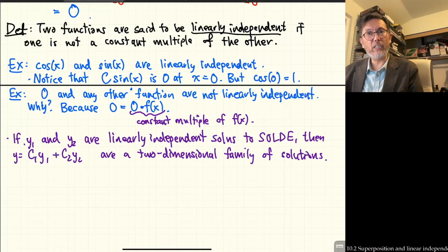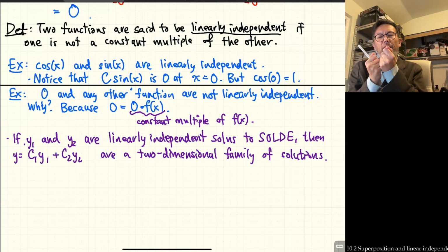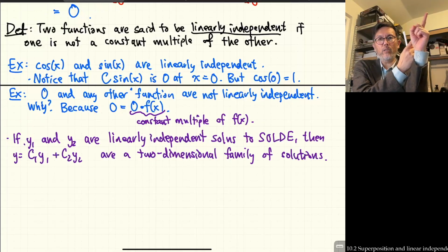We know that any linear combination is a solution from the superposition principle, but now they really point in different directions, right? One is not a constant multiple of the other.